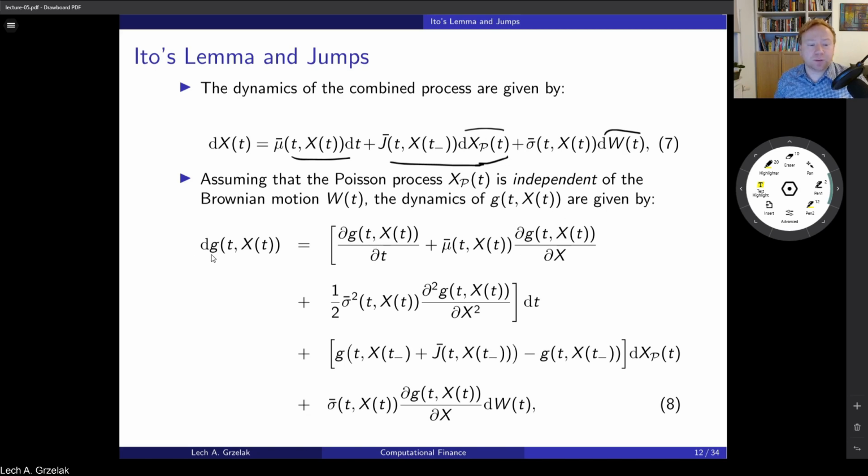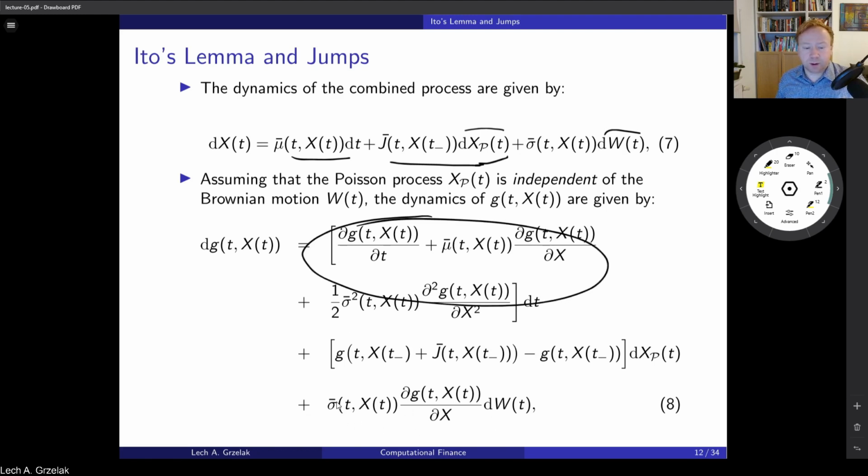Ito's lemma for the function: the dynamics of g is equal to the partial derivative of g with respect to time, then we have the drift part, which we already have seen, the first order derivative of g with respect to x. Then we have the diffusive part, which comes from this element: sigma squared times the second order derivative, dt. This is basically everything we have already seen from the standard Ito's lemma.